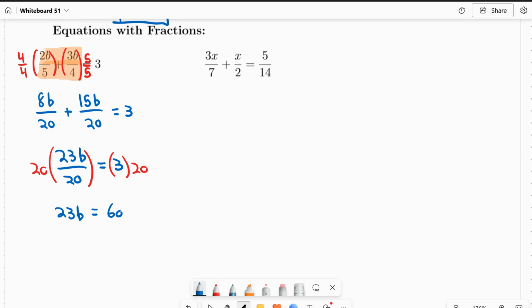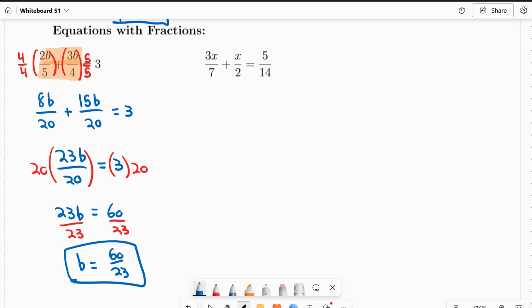Now I'm going to undo my coefficient of 23. 23 times b, inverse operation is division. So I'm going to divide both sides by 23, which just gives me b equals 60 over 23. And since there's no way for me to simplify this fraction, I'm just going to leave that as my final answer.